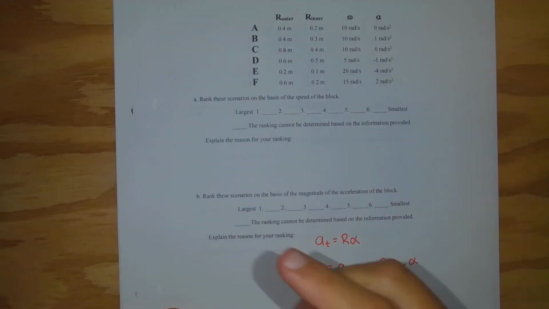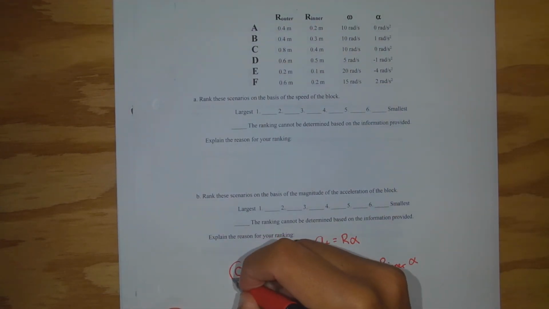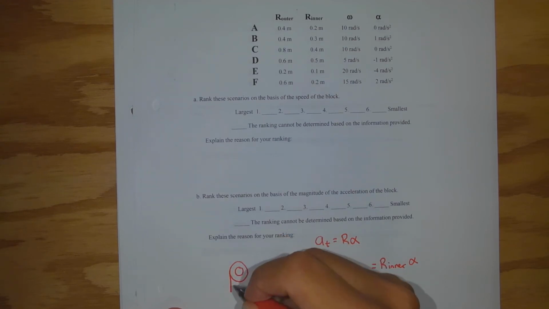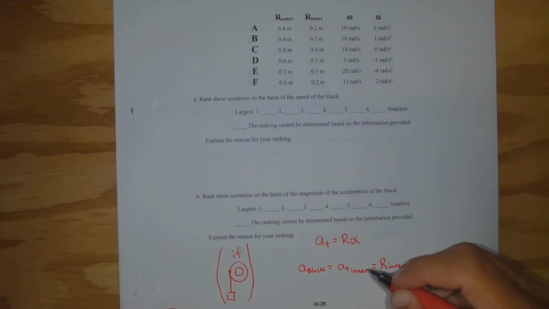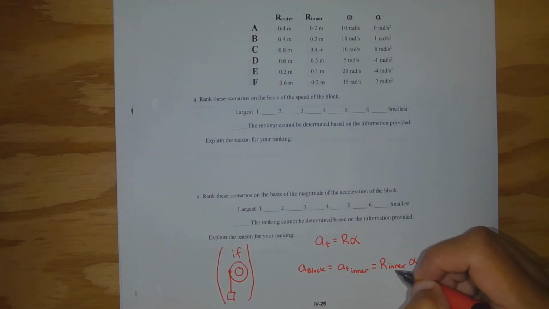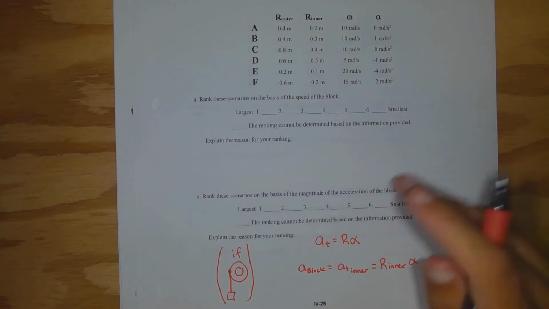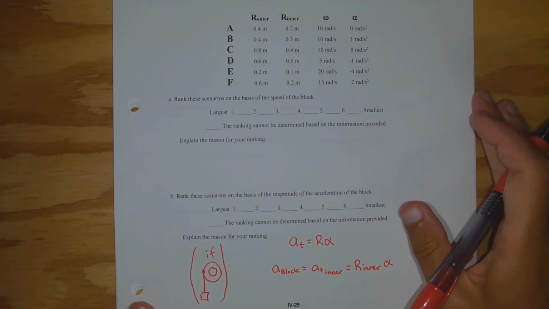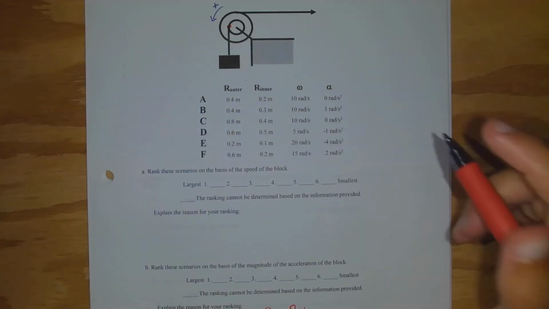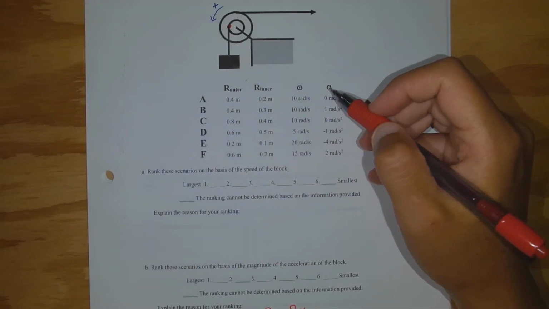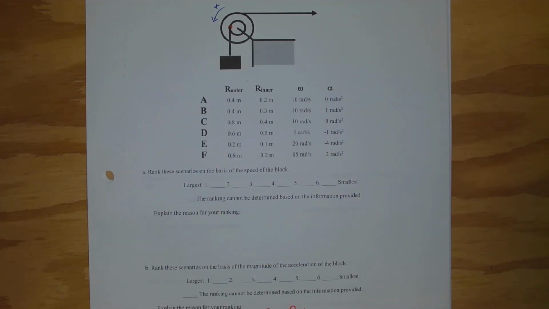If the rope was coming off here, let me draw that down here, then instead of using the inner radius, you would use the outer radius. So it depends on where the rope is coming off. Okay, so we're using the inner radius and the angular acceleration.